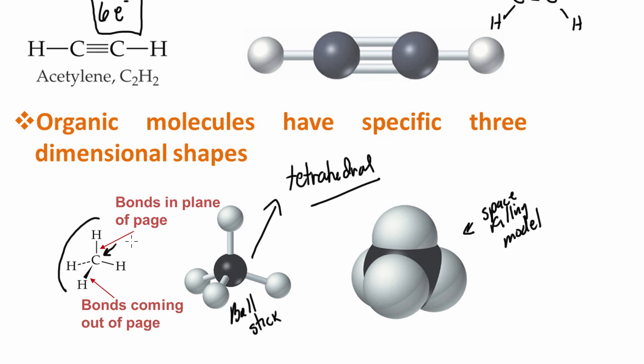Okay, so it's nice to be able to represent that on paper. So think of these 2 bonds being in the plane of the page, so that would correspond to this one and this one. And then this bond here with the solid wedge, this would be a bond coming out of the page, okay?